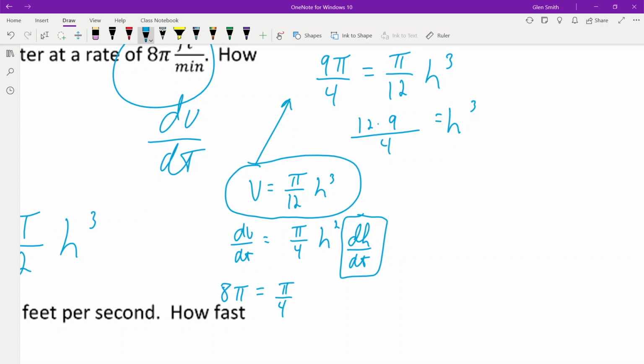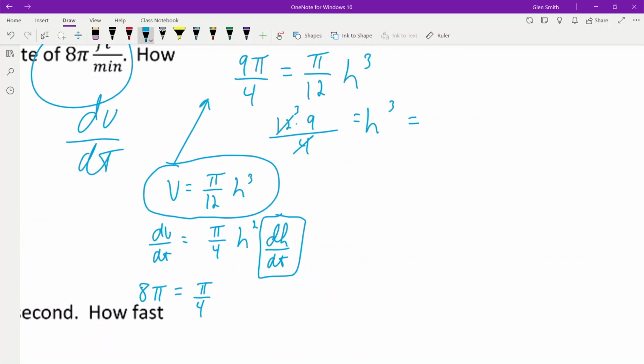So 4 and 12 cancel out to a 3, right? That's a 3 there. So h cubed is really just 27. And that's super sweet because then h is just 3 at this moment in time. Again, if I was nicer, I would have just told you in the problem h was 3, but I'm such a tough teacher, I told you what the volume was and you had to find the height.